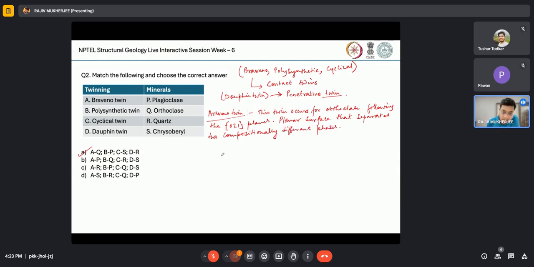Right. Now, contact twins are again classified into two categories. One is polysynthetic twin.